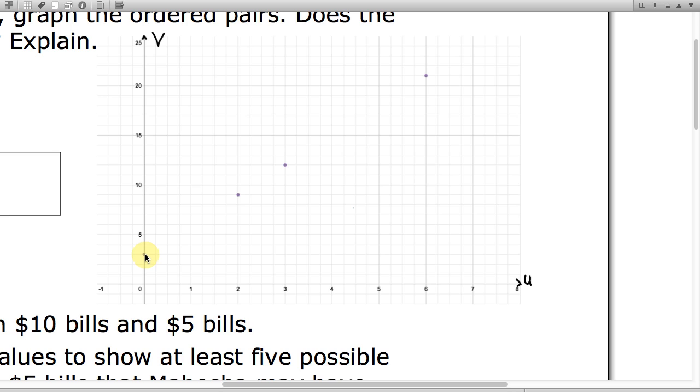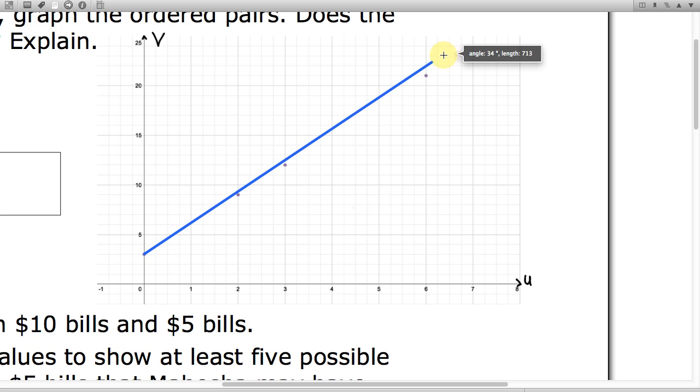So we've got our points here at 0, 3 is the first point. The next point is at 2, 9. The next point is at 3, 12. And the next point is at 6, 21.